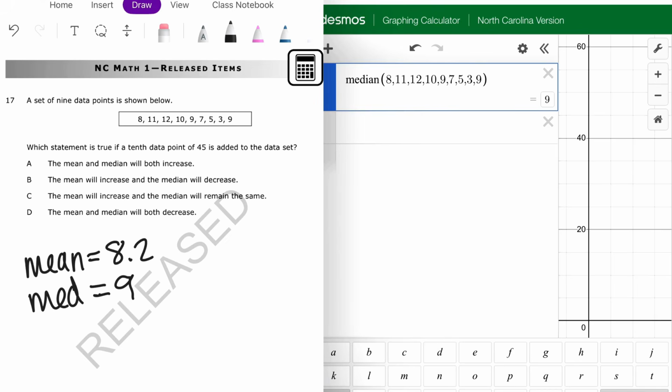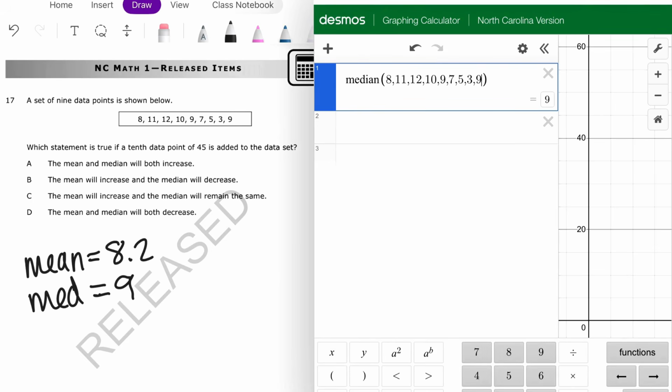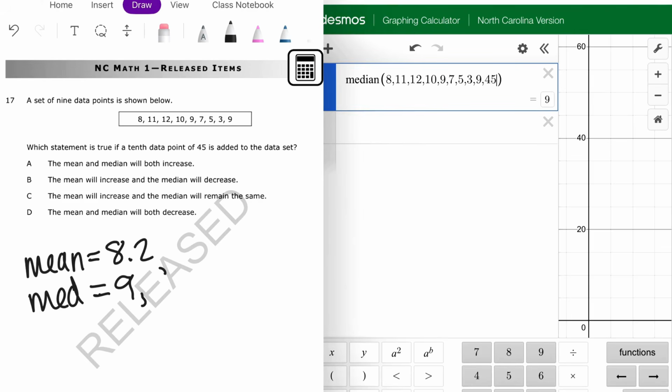Okay, so now let me read the directions. That's probably a better place to start. It says, what is going to be true if a 10th data point of 45 is added to the data set? Now, I used to tell my students, hey, don't guess this, just do the math, like just type it in and see. Okay, well, when I added 45 to the list, my median stayed 9.